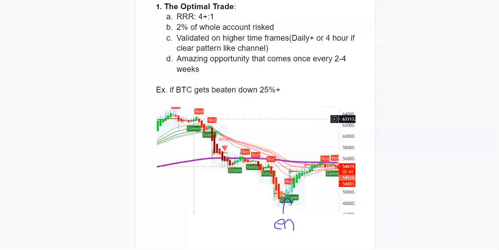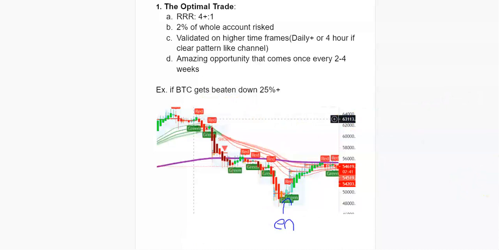For example, if Bitcoin randomly got dumped right now 25% or something, then that would be a great opportunity to go long as the fundamentals are still the same. So you see in this picture, it got beaten down from 64K to 47K, which creates a great opportunity.